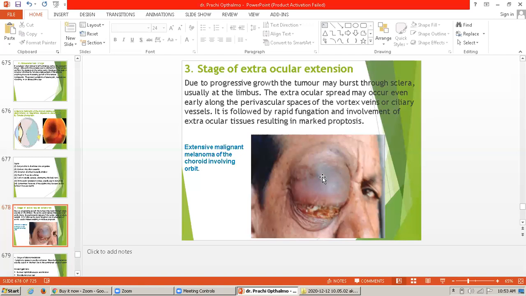So this is a diagram of an extensive malignant melanoma of the choroid which involves the orbit.